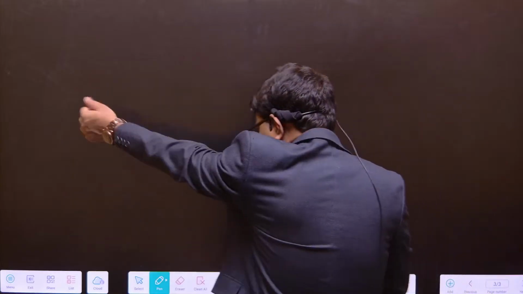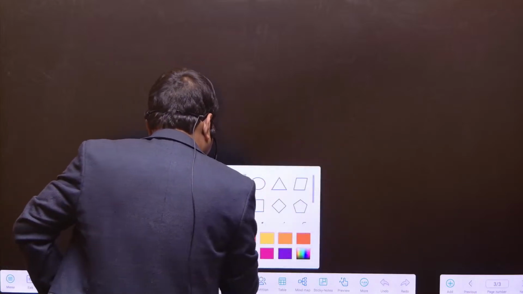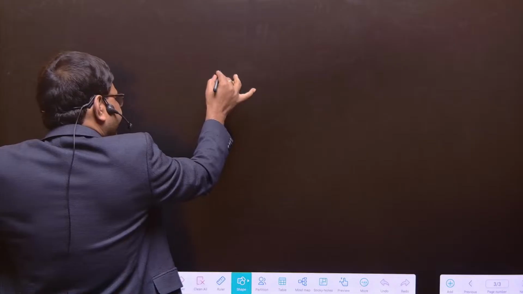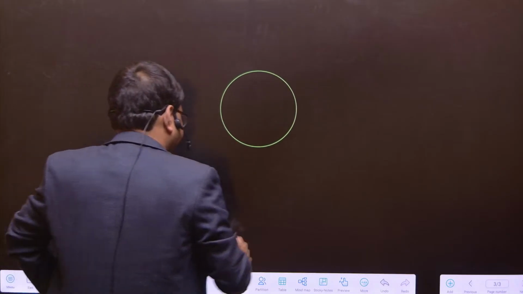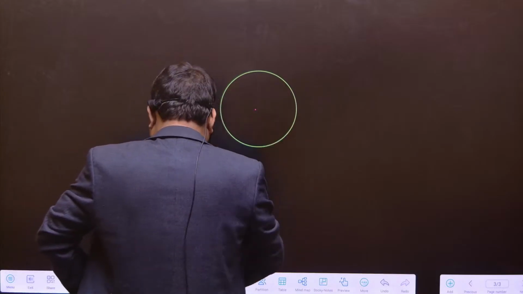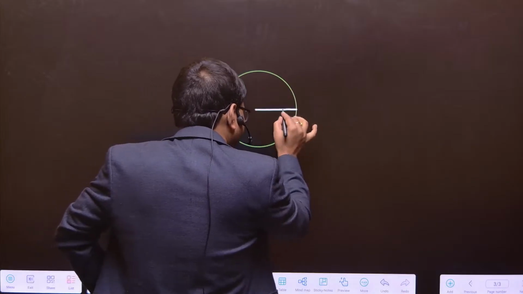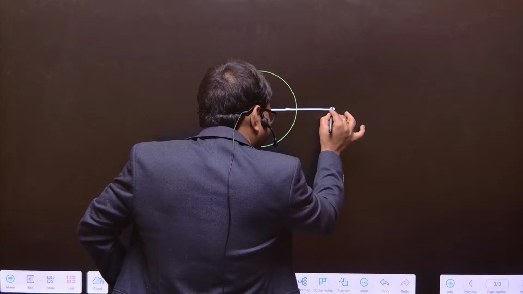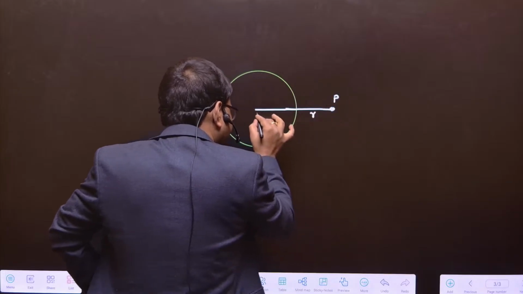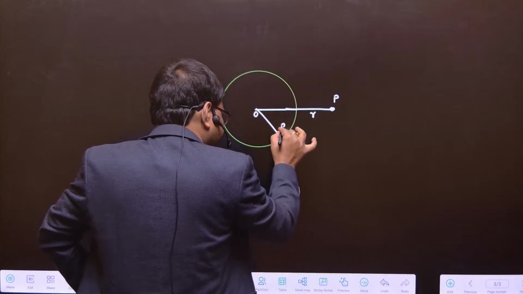Now see the third case. Again I am drawing the charged non-conducting solid sphere like before. Beyond the radius, assume a point P. At this point, we have to find the electric field intensity at a distance r from the center, and the radius of the sphere is capital R. Clear?